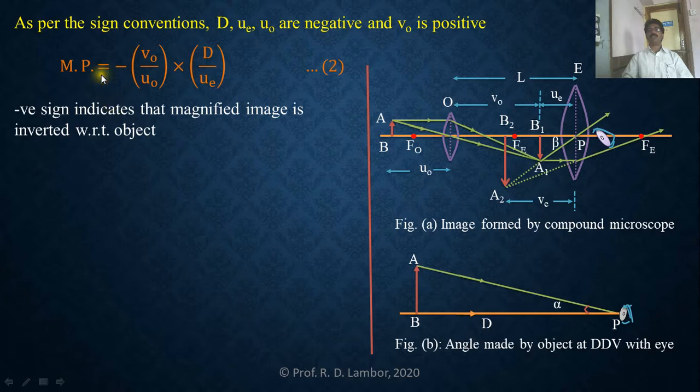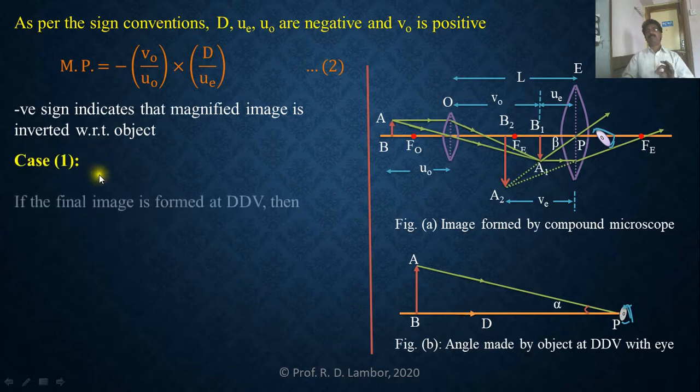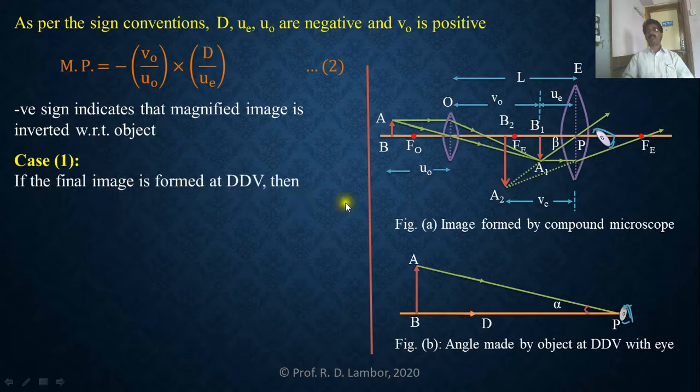So let us discuss this magnifying power for the two cases. See here, case first: if the image is formed at DDV, that is, in the compound microscope this final image is formed at DDV, then for the magnifying power of the eyepiece we have to take the magnifying power of a simple microscope.